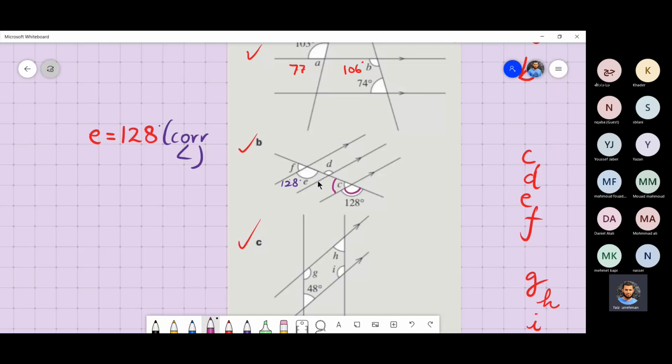Is there any relation between them? Alternate? How alternate? No. This is a straight line, and there are 2 angles formed. Angles in a straight line.